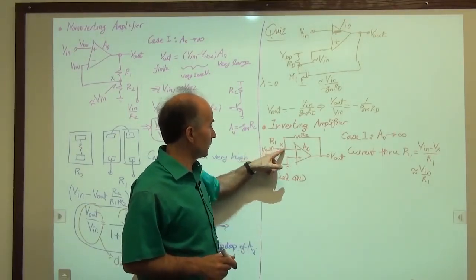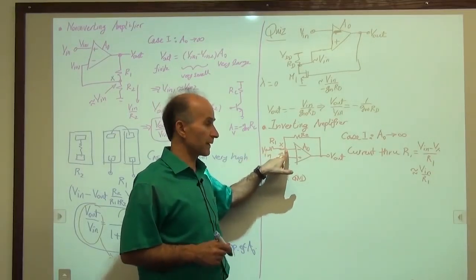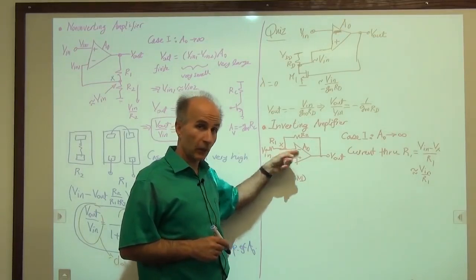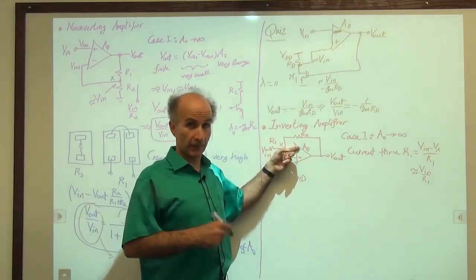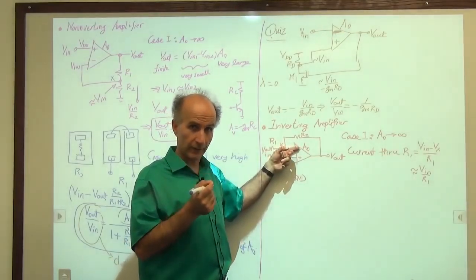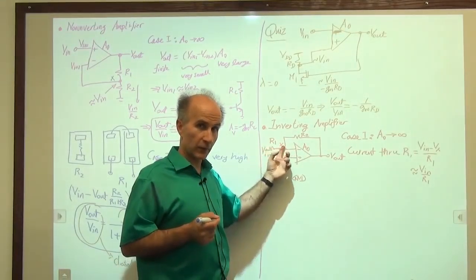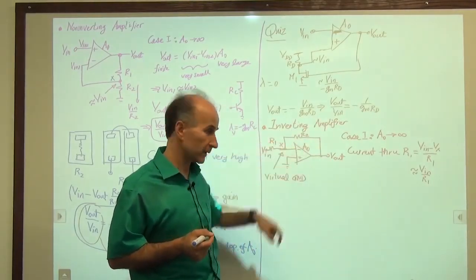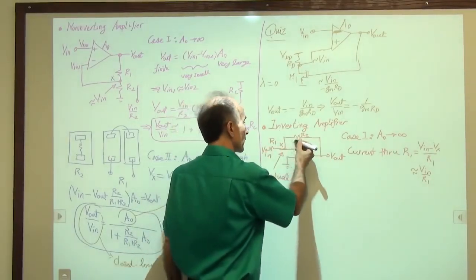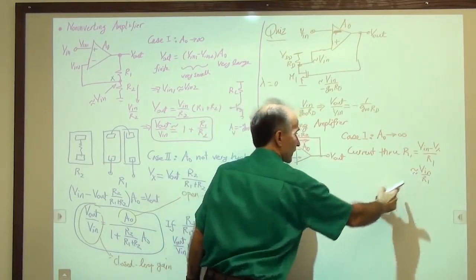Now this current comes through the resistor, reaches that point. Now it cannot go this way because we have assumed that the input impedance of the op-amp is very high. It draws very little current. So the current coming from R1 has to go this way through R2 and go to the output of the op-amp. So the current through R2 is given by the same expression.